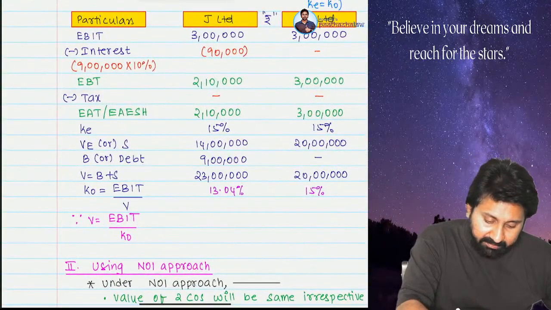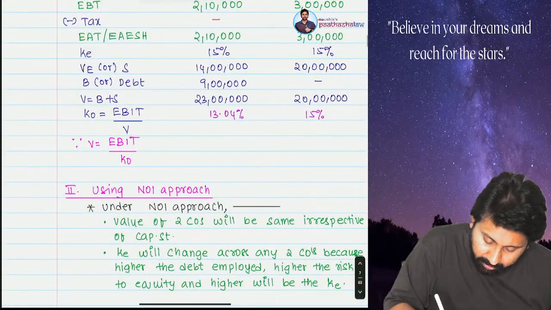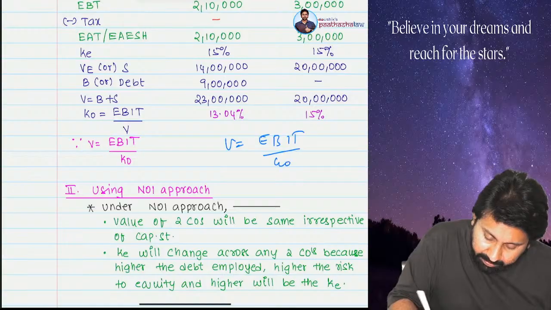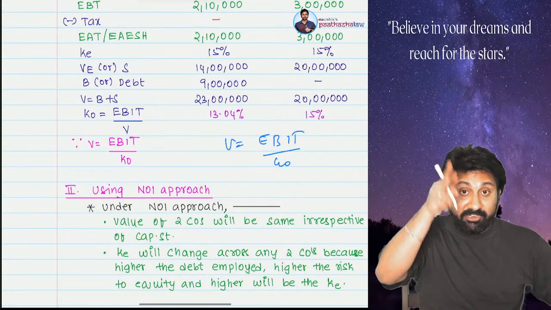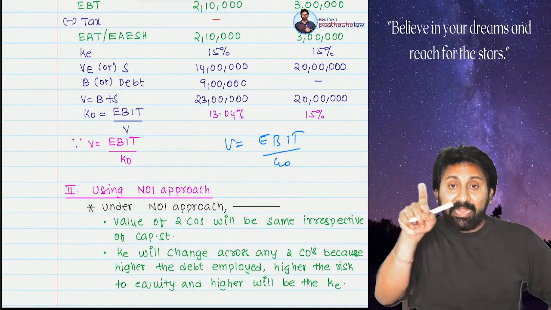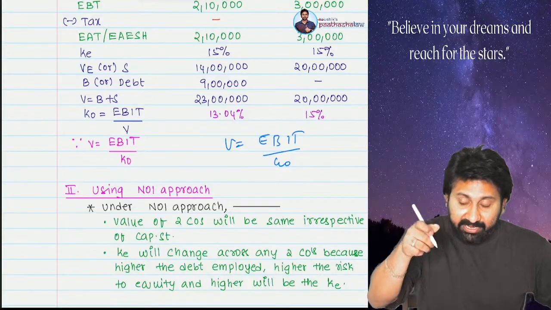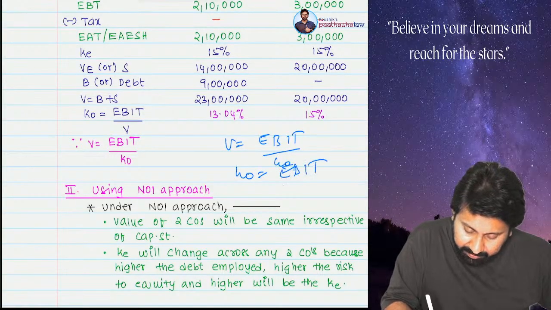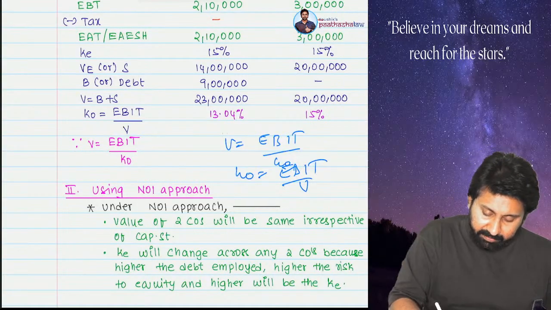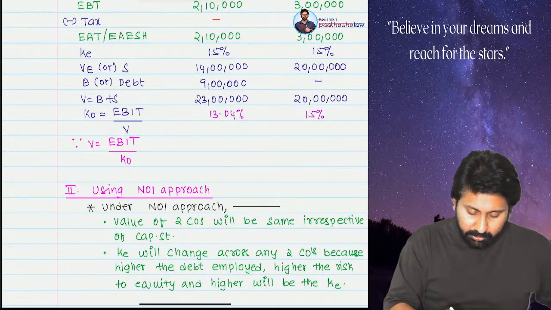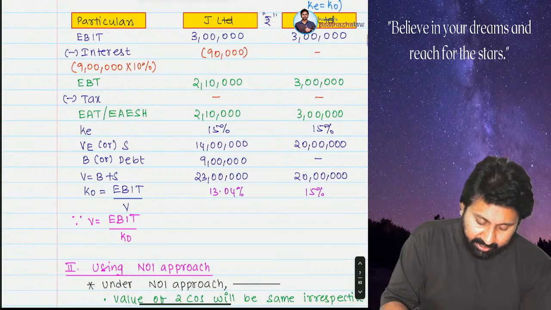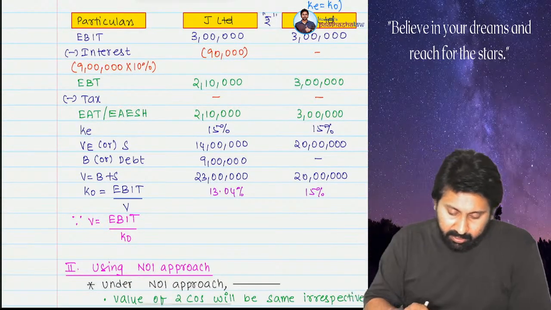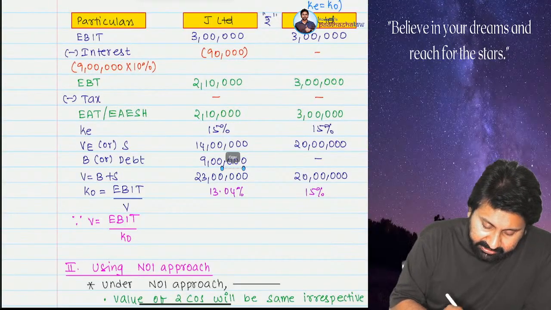In the previous example, I told you, value equals EBIT divided by KO. Now I showed the first formula: I plus EBIT minus I will cancel, EBIT by KO. So when you want KO, it is nothing but EBIT by V. So EBIT is how much here? 3 lakh, divided by V, 20 lakh. That is one model. And here it is.